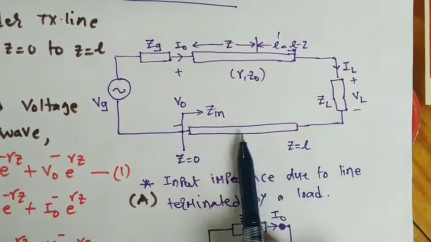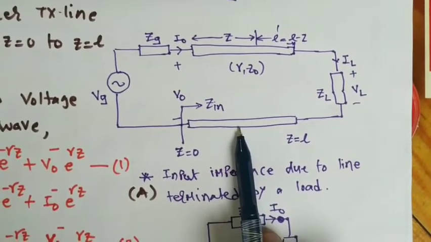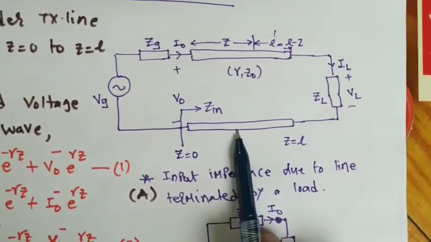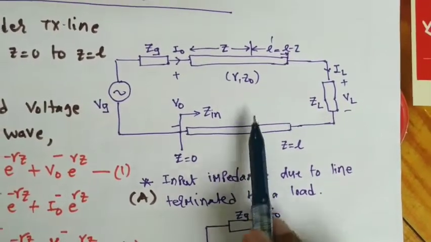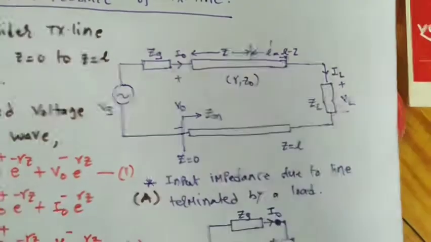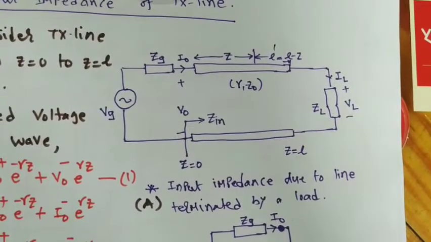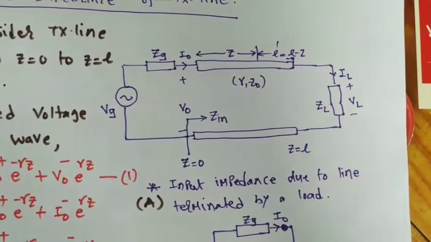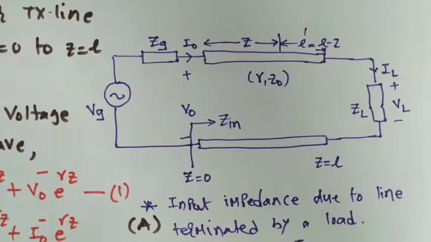Here we have characterized this transmission line by the propagation constant gamma and the characteristic impedance Z0, and we have also noted that at a point on the line we can consider the length either as Z or as L prime.